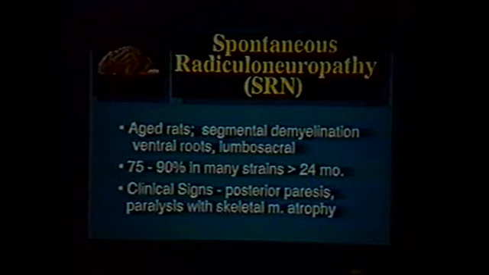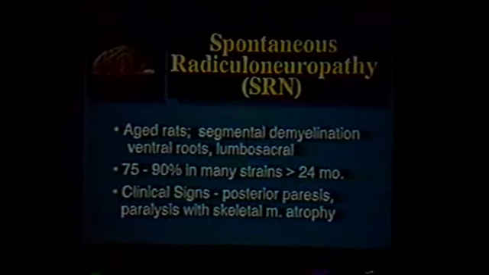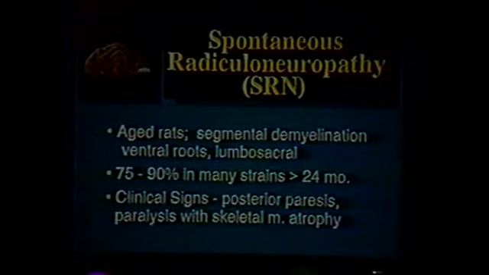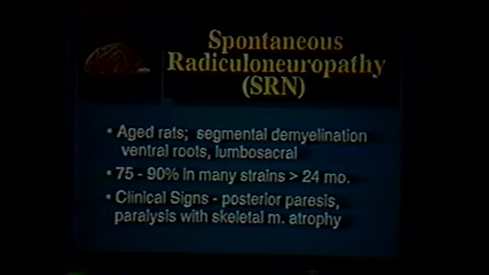And again, another very common and very important late onset nervous system disease in rats is spontaneous radicular neuropathy. This is primarily a segmental primary demyelinization of the ventral nerve roots, and preferentially in the lumbosacral cord and the cauda equina.